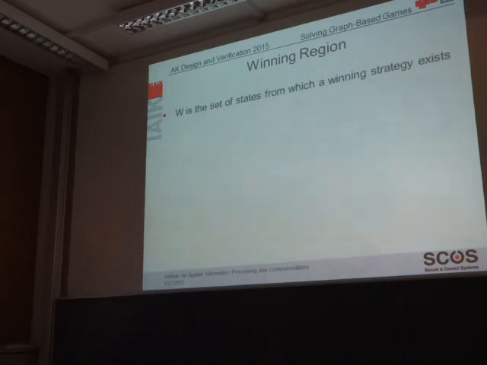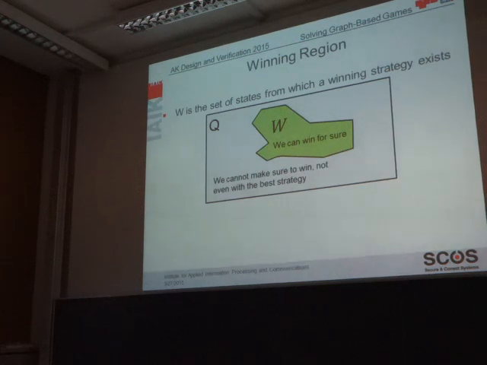One more definition before we go on with the real content of today's lecture. The winning region for a game is always the set of all states from which the system player can win the game with some strategy. Here is a graphical illustration.